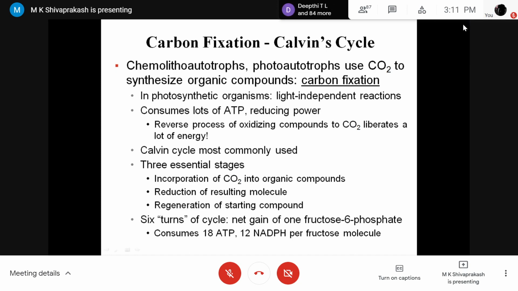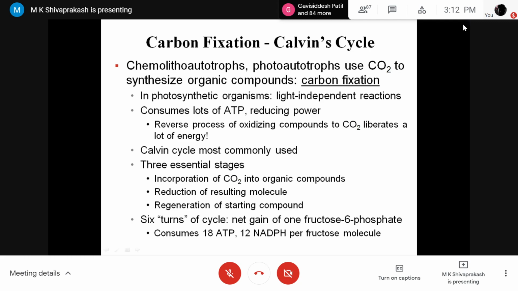The classic carbon fixing pathway is the Calvin cycle, where in each cycle of the Calvin cycle, a molecule of carbon dioxide is fused with a 5-carbon intermediate of this cycle, that is ribulose bisphosphate. Ribulose 1,5-bisphosphate, with two phosphate molecules at positions 1 and 5.